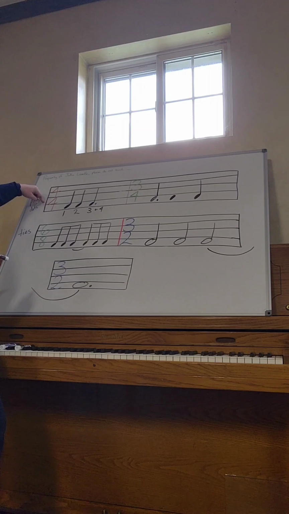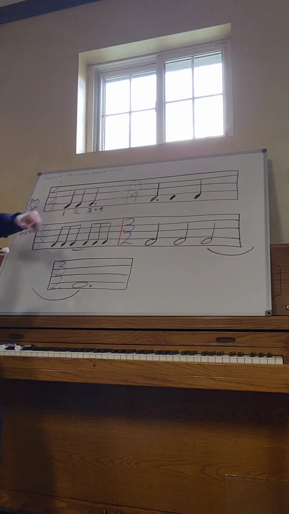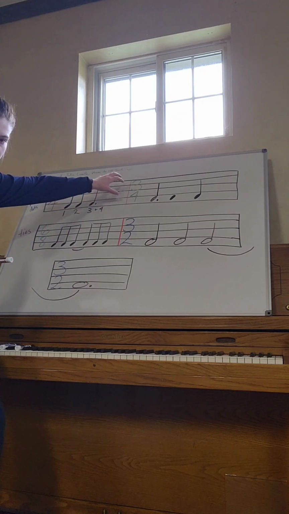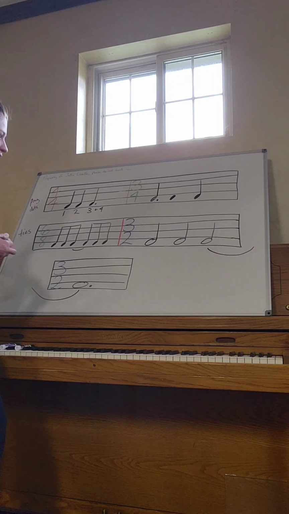The bottom number refers to the type of note that gets each beat. So in 4/4, there are 4 beats in a measure, and each beat is represented by a quarter note. So here we have 1, 2, 3, and 4. Well, we still have some of the measure to fill in.